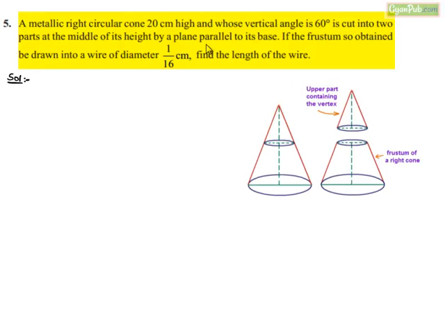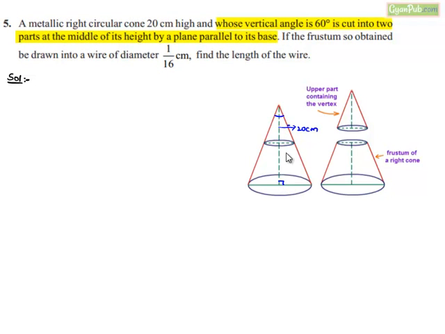Now coming to the solution, let us consider the height of the right circular cone from which the frustum is made is 20 centimeters. So this total height, represented by the imaginary line, will be 20 centimeters and the vertical angle is given as 60 degrees. So this height and this perpendicular will bisect this angle here, so each angle will be 30 degrees.